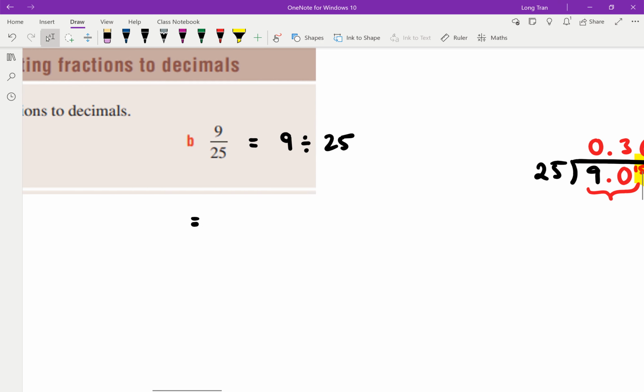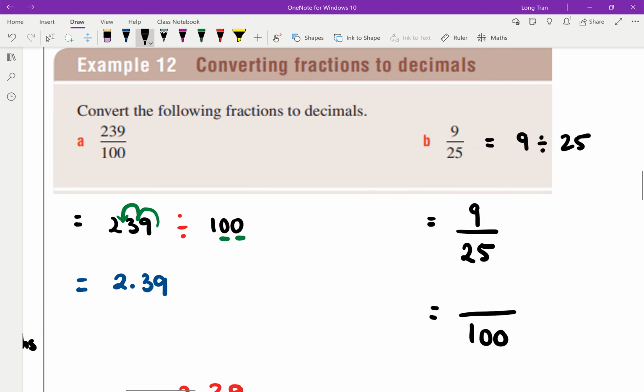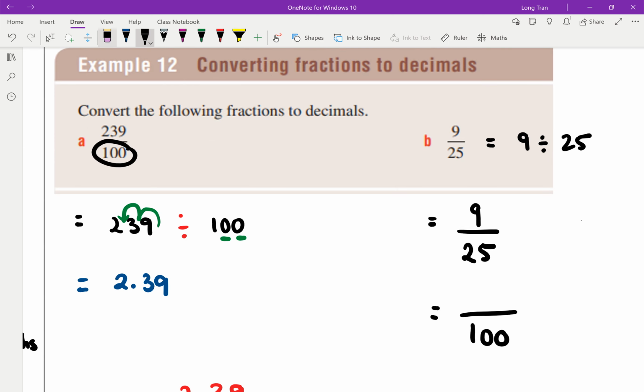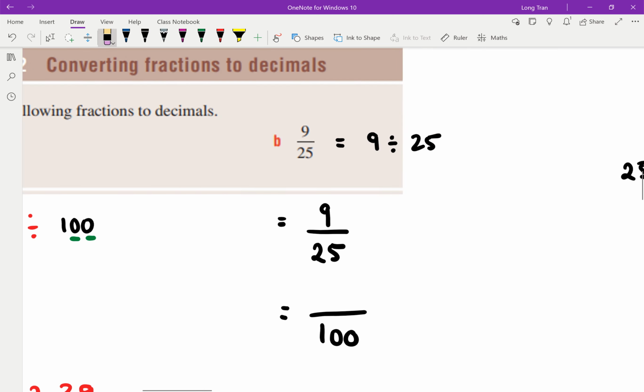If that method is too confusing, or you're not really strong with your division skills, an alternative method, which doesn't always work, but works for this particular case, is you can try to convert it to a fraction out of 100, because we knew in the previous example, when you're out of 100, it's really easy to divide by 100 when it's multiples of 10.